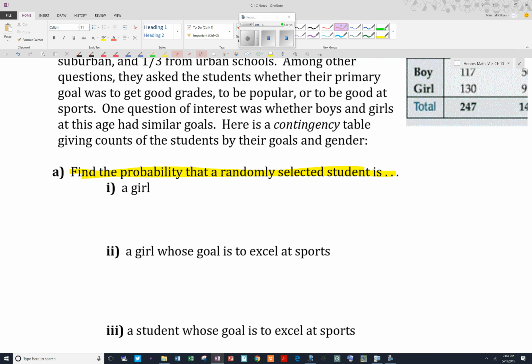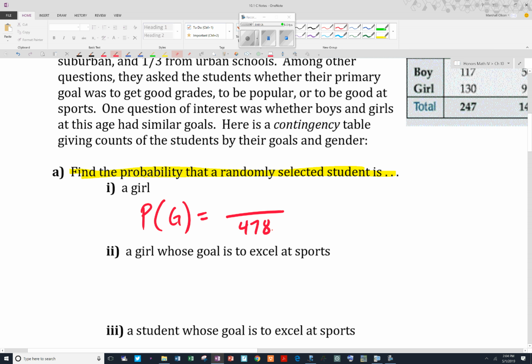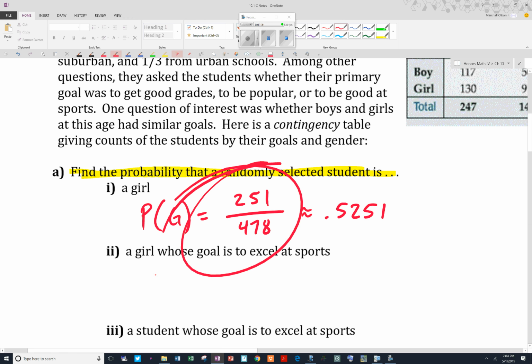So in the first one, when it says the probability of a student being a girl, out of the 478 total students, how many were girls? 251. Okay, and then you can either leave it like a fraction or put down your probability. Little hint here on the quiz, for sure, put that fraction.